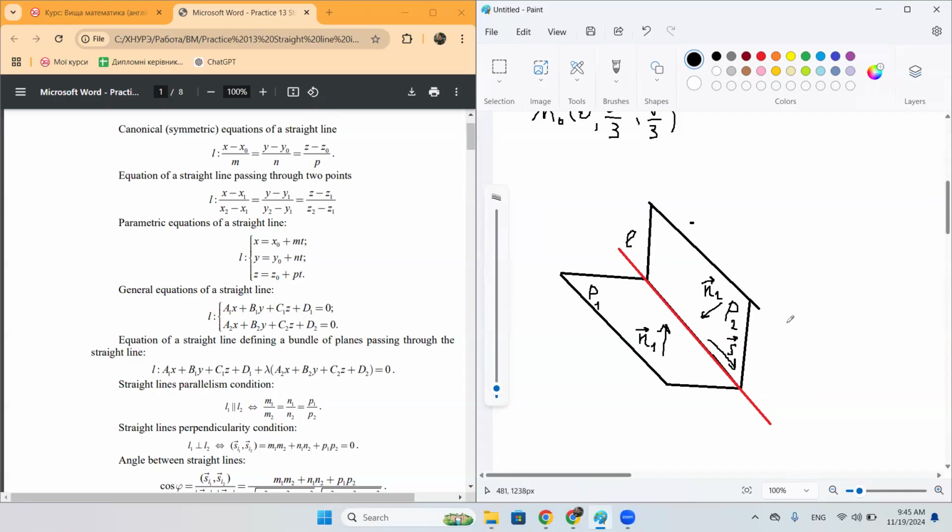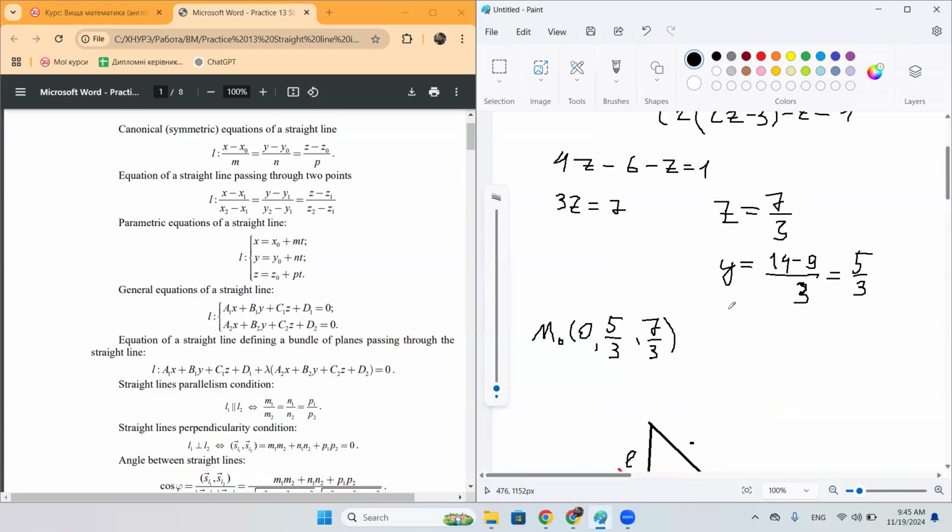So how to receive the direction vector if we know the normal vectors of these planes? Find the cross product. Yeah, correct. Because vector S is perpendicular to both normal vectors. So let's do it.